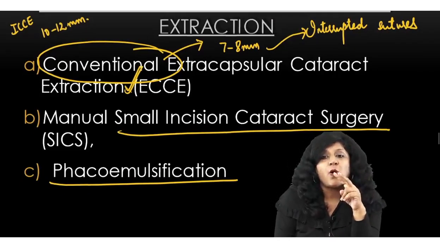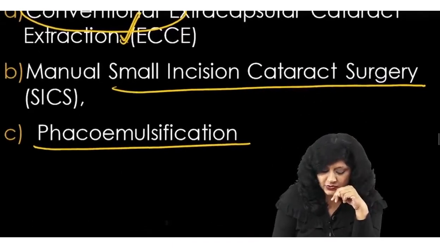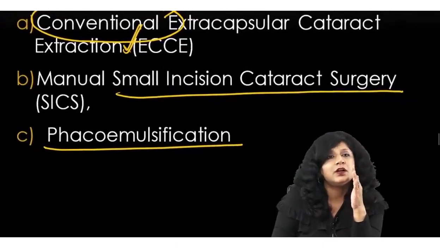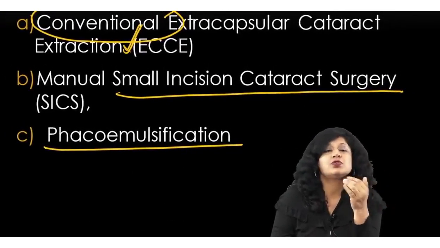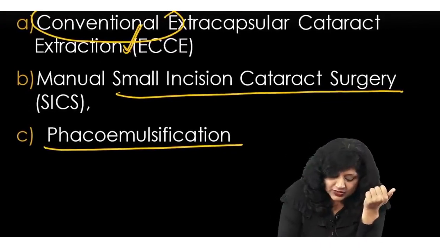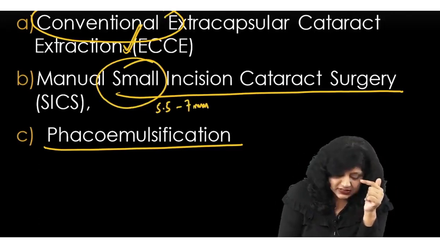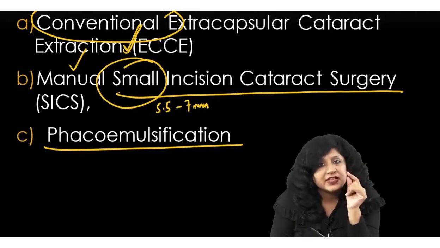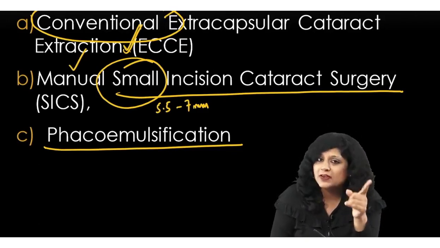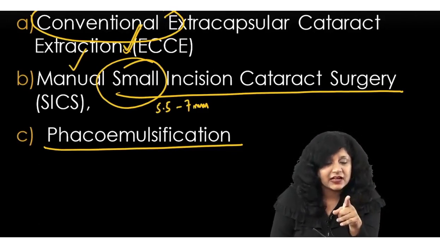Now, small incision cataract surgery. Nowadays we want to do small incision surgery or sutureless surgeries. So, in this small incision I am giving about 5.5 to 7 mm incision, but this is manual. When you are doing the small incision surgery manually, this is called SICS.